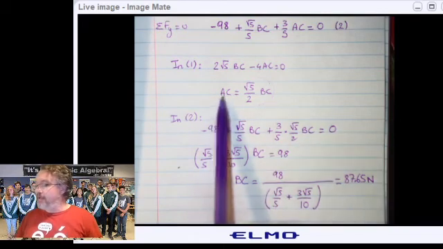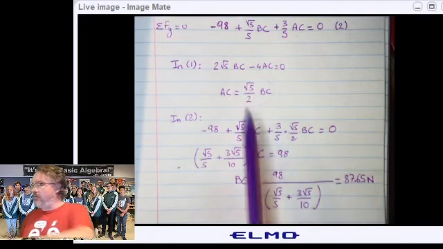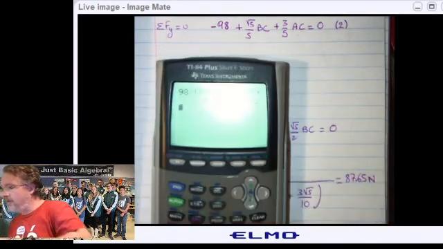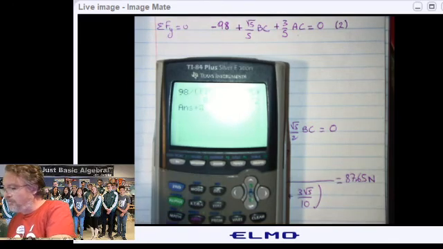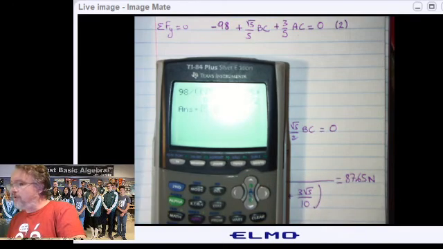And if I want to find AC, I just multiply this number by square root of 5 over 2. So let's go back there, and I'm going to multiply this by the square root of 5 divided by 2, giving me 98.